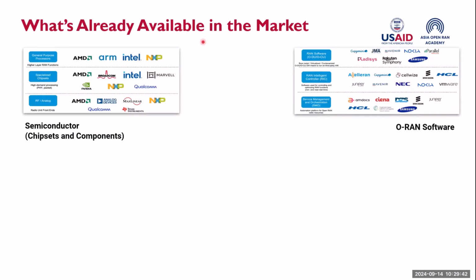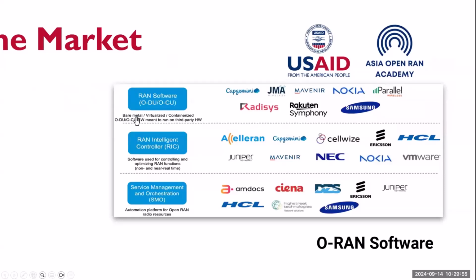Okay, now in the software could be divided into three: the RAN software nung distributed unit and the centralized unit. Okay, yeah. So ito yung mga bare metal. It could be a bare metal, virtualized, or containerized. Okay.